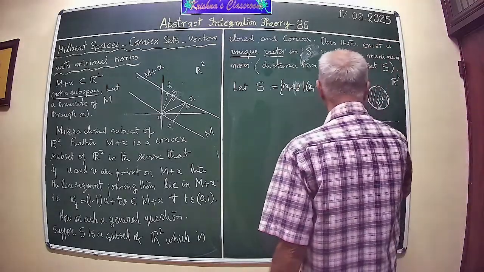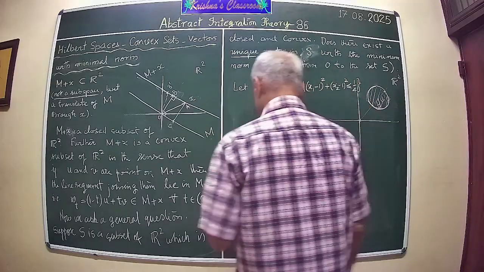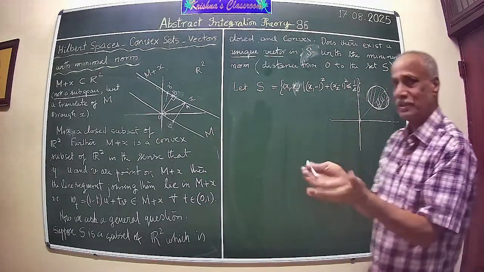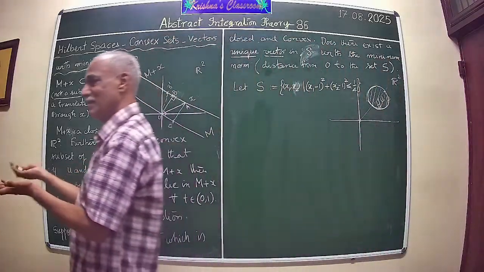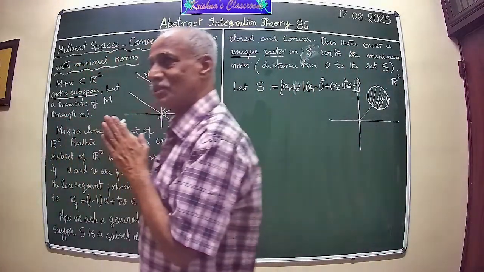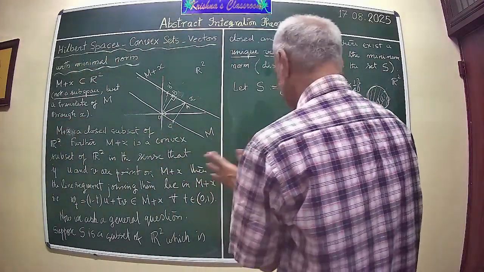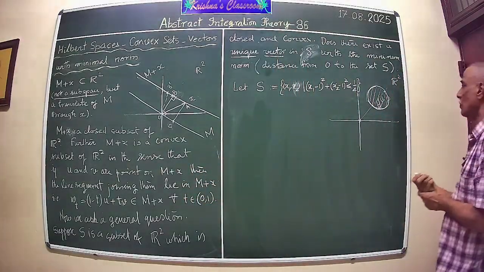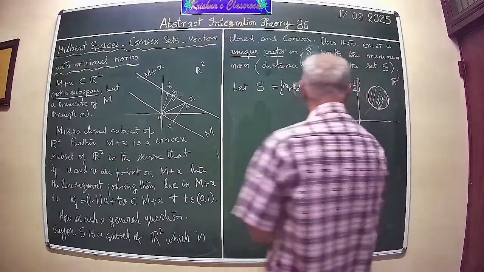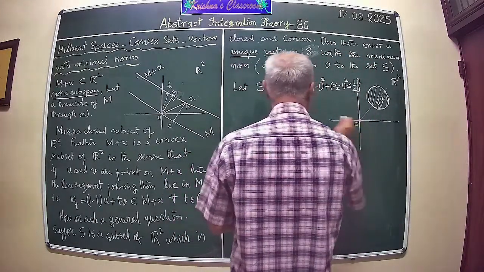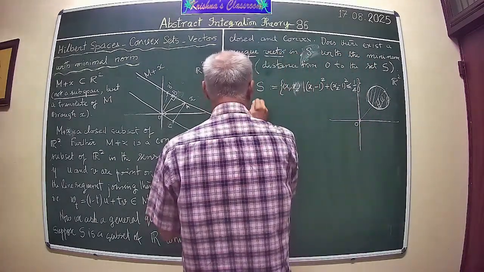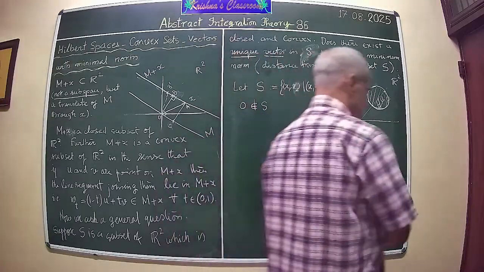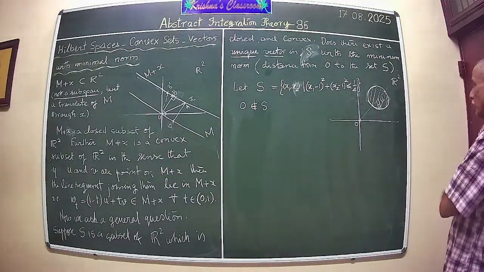Then from the geometry, you are actually seeking, suppose your set already includes 0, then 0 itself is such a vector. So we are looking at the case where 0 is not a part of the given set. Okay, so O does not belong to S in this case.